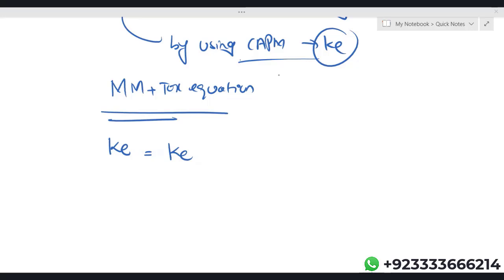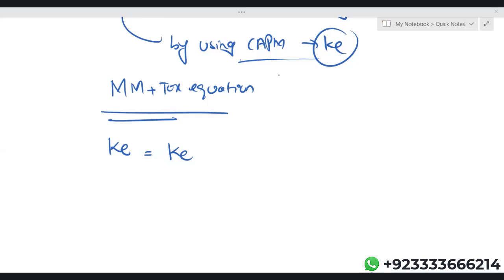The best way, when your financial risk is changing, is to go towards APV. Let's say the examiner has just changed the financial risk with no change in the business risk, it is not a question of APV, and the examiner is asking you to calculate WACC. Still we can calculate.